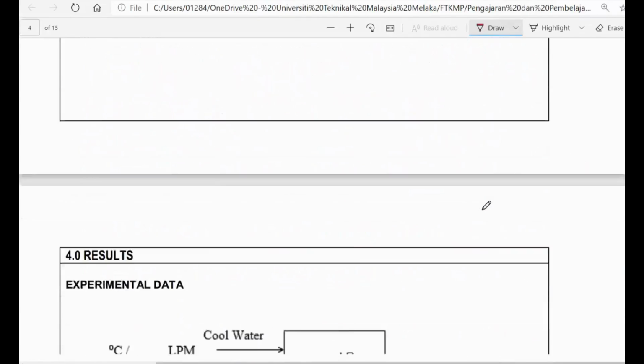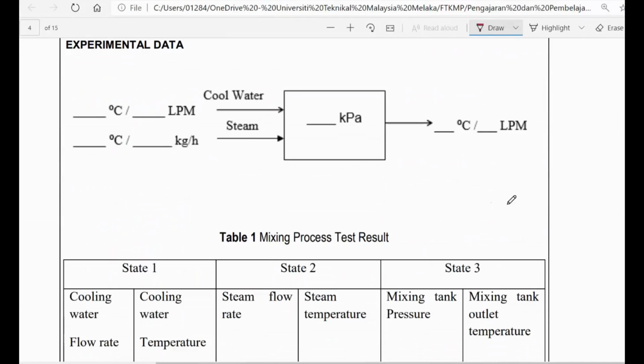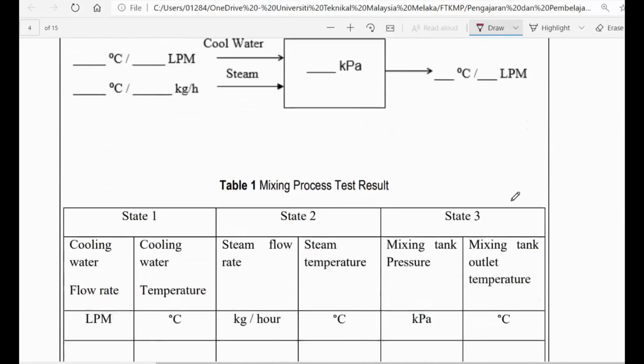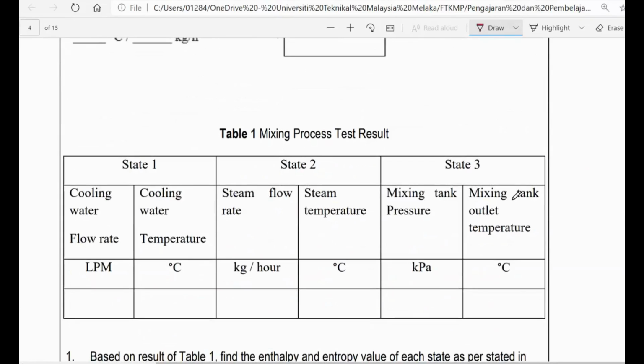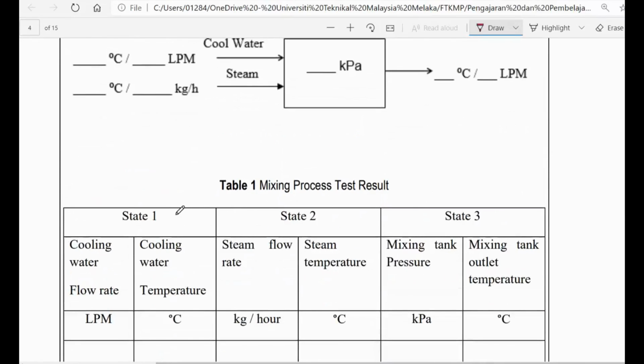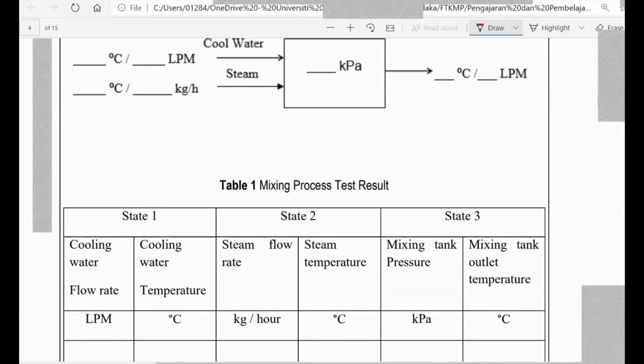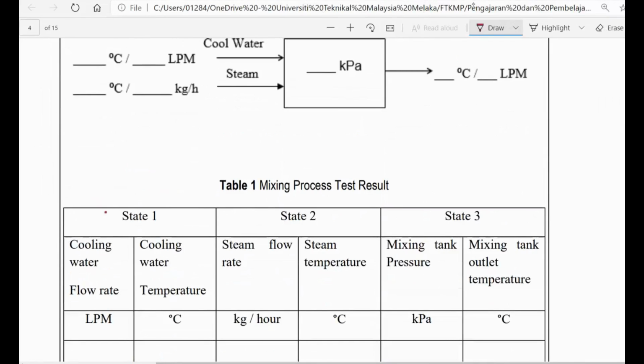So this is your experimental data, and you need to fill in the figures, the upper figures, and also Table 1. This is the cooling tank, or cool water.